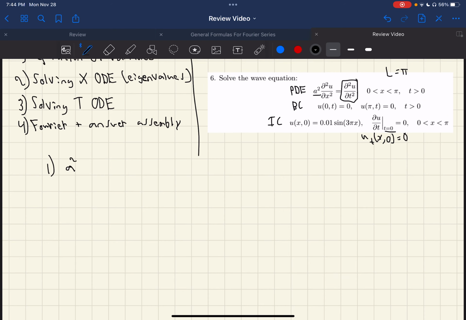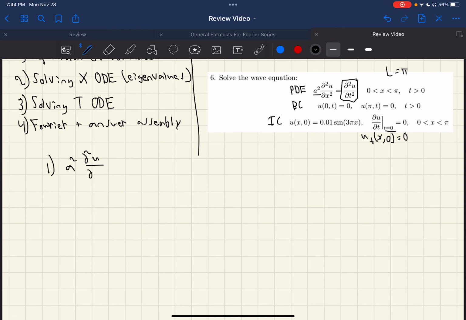We have a squared times the double partial of u with respect to x is equal to the double partial of u with respect to t.